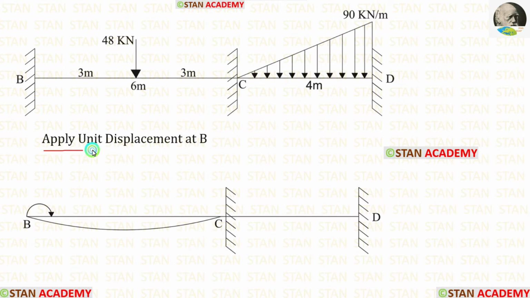We are applying unit displacement at point B. At point B, we have to make a clockwise curve towards point C. Then we have to see the direction of the arrow. This arrow indicates downwards, so the curve comes below the span. We have to give some gap between the curve and the fixed support.